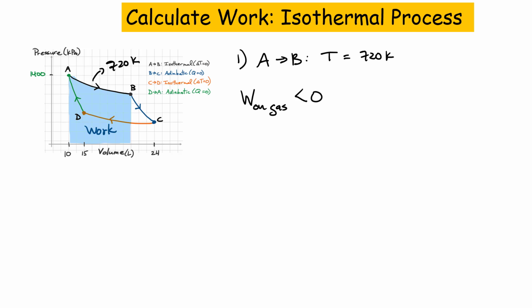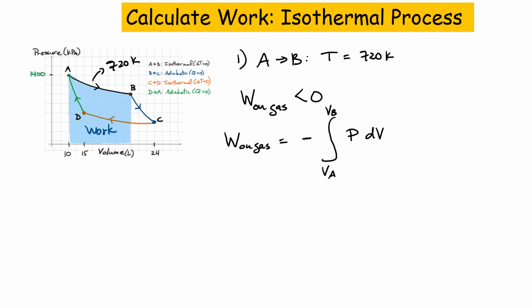Okay, the way we calculate the area under the curve, again, you have to integrate, right? So the area would be represented by, I'm going to put a negative sign in the front, to remind me that it has to be less than 0. And this is integration of the pressure over the volume. And I'm integrating now from my initial volume of VA all the way to VB for this case.